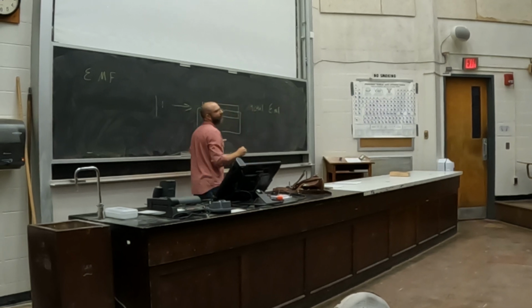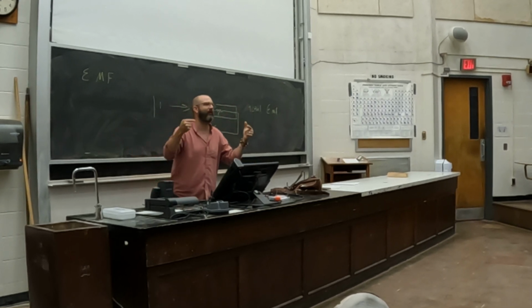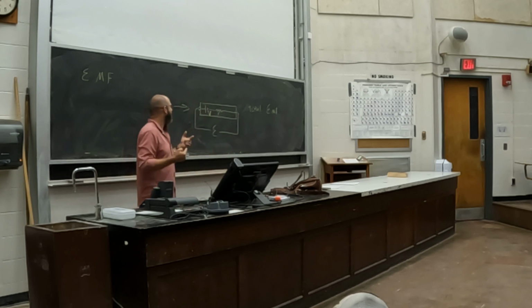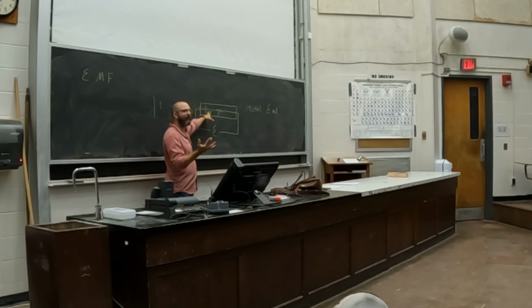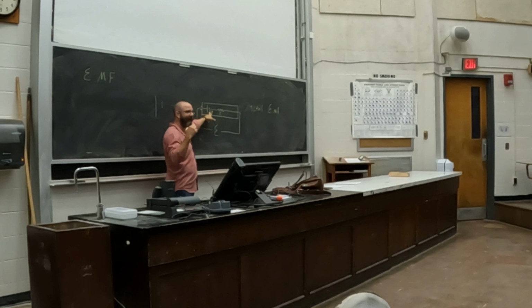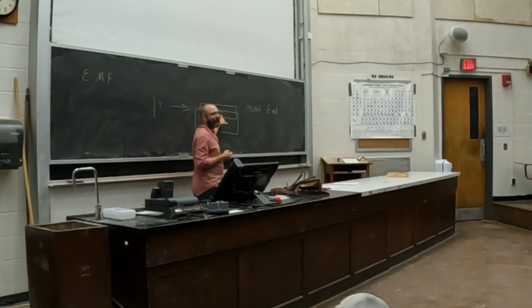If I measure the voltage across the two battery terminals, I get a value. That value is different than the internal voltage supplied by the chemical action of the battery. It has gone down a little bit because there's a voltage drop across the internal resistance.